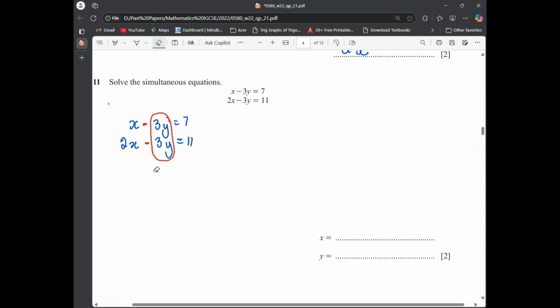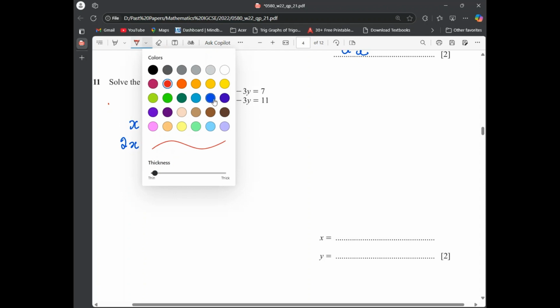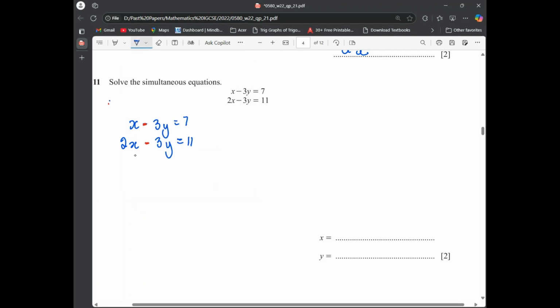And in fact, they're both minus and minus. So I'm going to use the elimination method. Remember, to use the elimination method, we need to have the same coefficient for either x or y. In this case, I've got a 3 and a 3. Because they are the same sign, I'm going to subtract them.